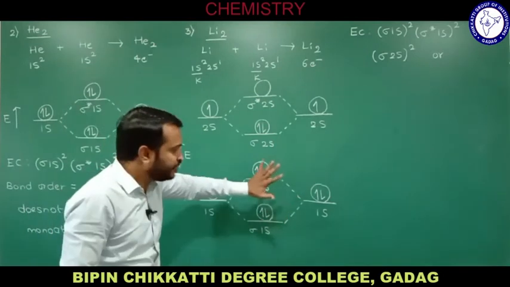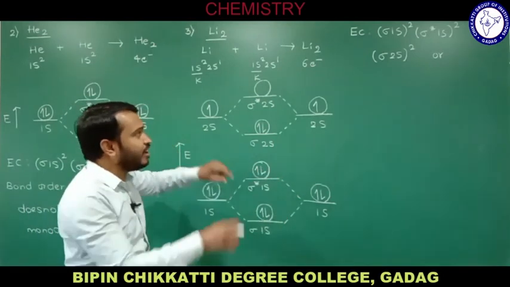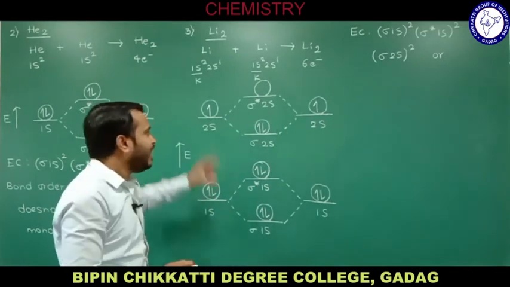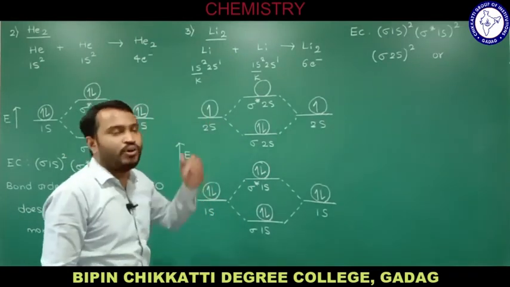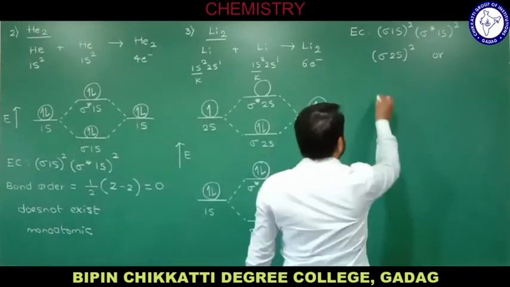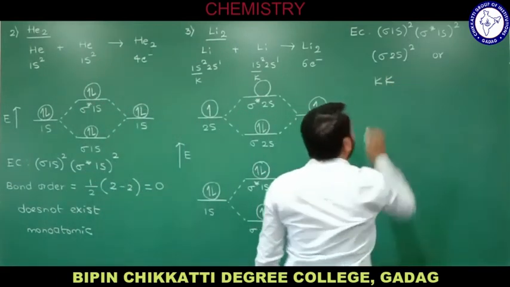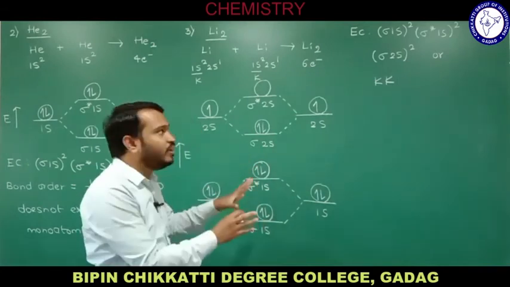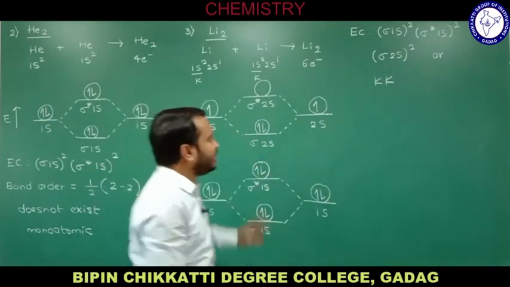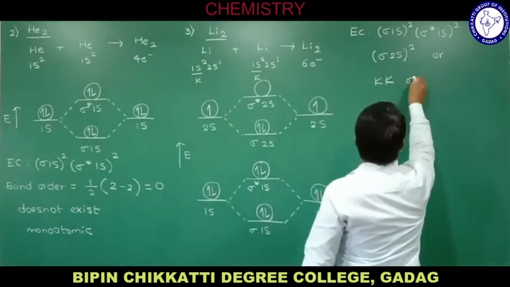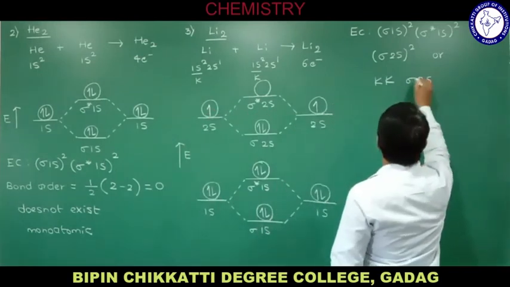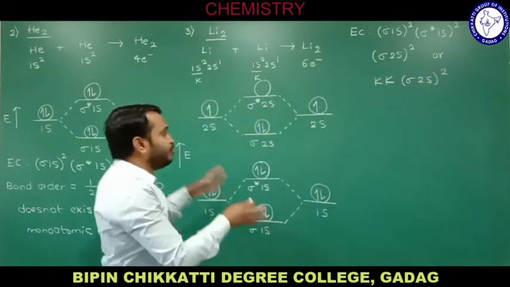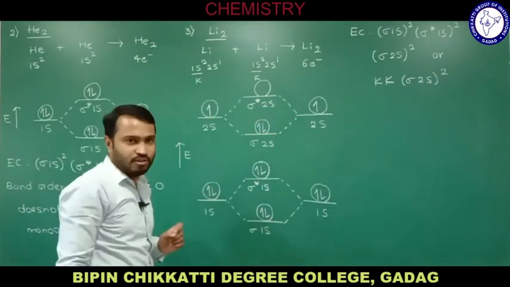You can skip this part and instead write that the K shells are completely filled, and directly mention 2s. In that case I write K K, because both are K shells and completely filled. Next I write sigma 2s2. This is one more way of writing the electronic configuration if you don't want to mention the 1s atomic orbital.